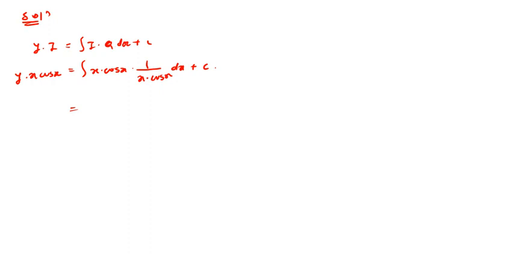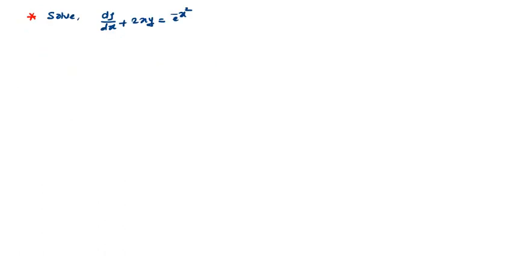So this cos x cancels, so what remains is integration dx only plus c, which is equal to x plus c. So this will be y into x cos x is equal to x plus c, and this is the final solution.